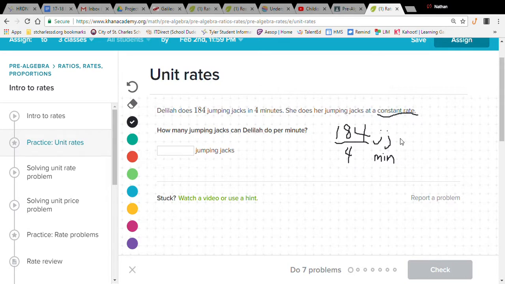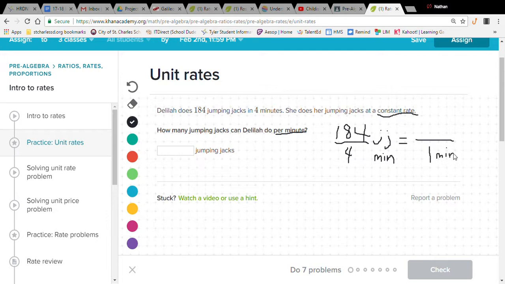To figure out your unit rate, what you can do is make a proportion. A proportion is two ratios that are set equal to one another. And we're looking for per minute here. In a proportion, you want to keep the units consistent. So if you have minutes on bottom, like I do on the left side, you want minutes on bottom over here as well.